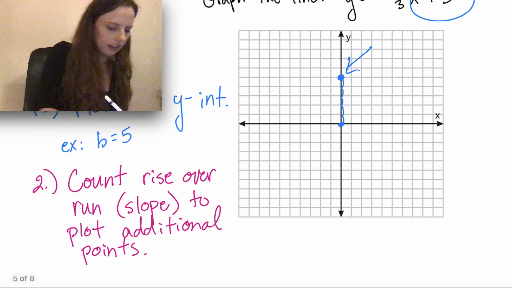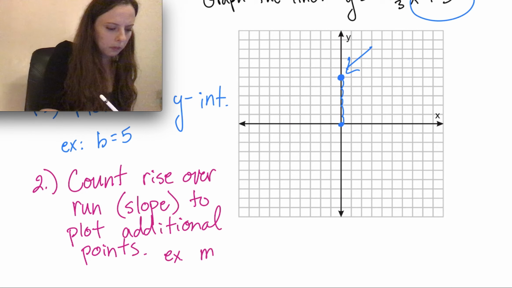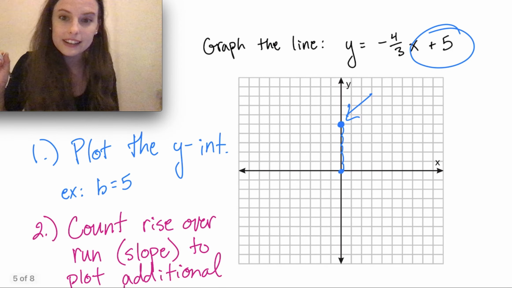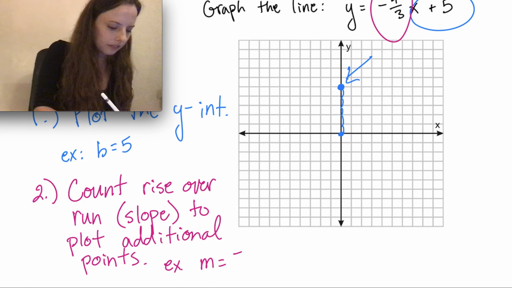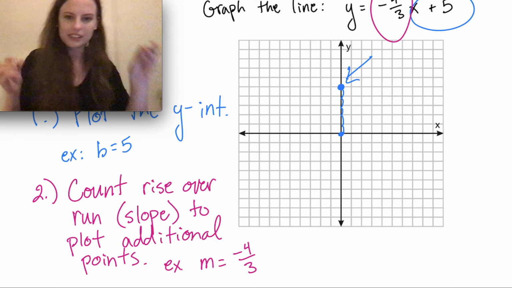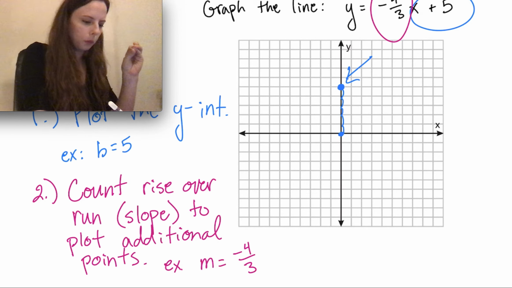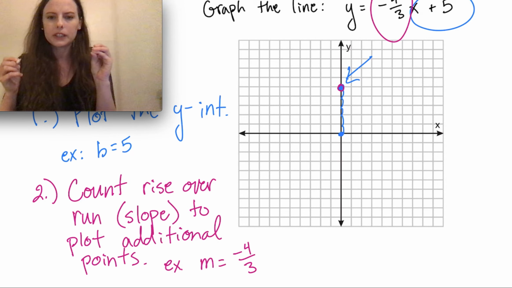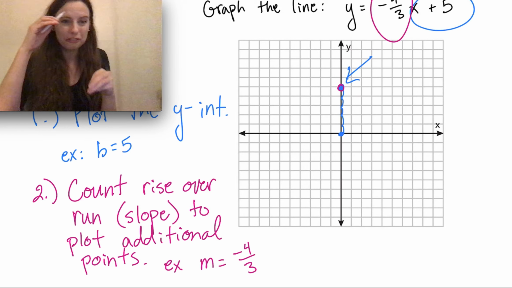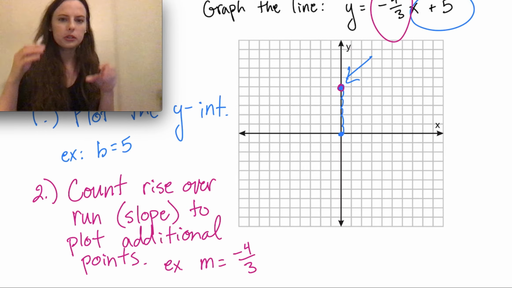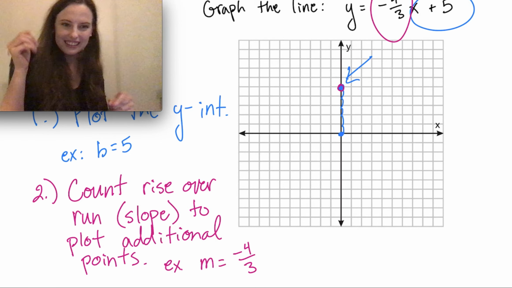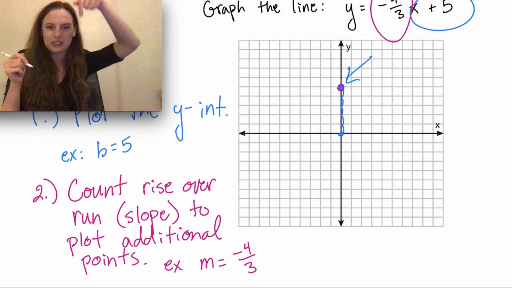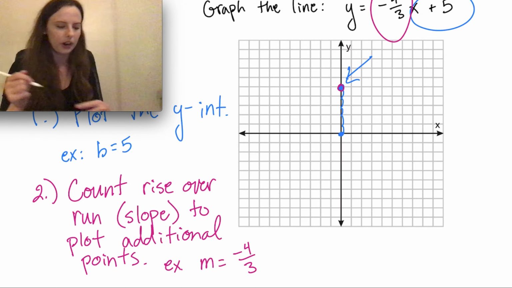In our example, our slope is, let's look back, -4/3. So we're going to start at that anchor point, the y-intercept, and from here we're going to count up and over or down and over based on this slope. Because it's a negative slope, that means we're going to go down and over to the right.